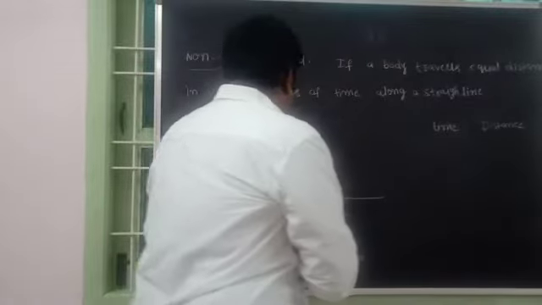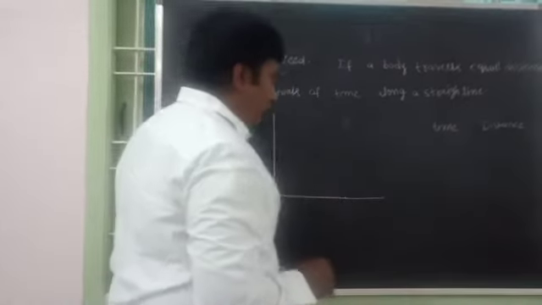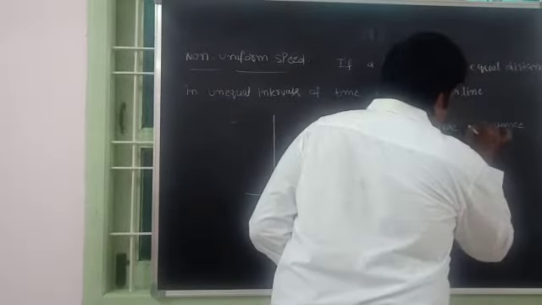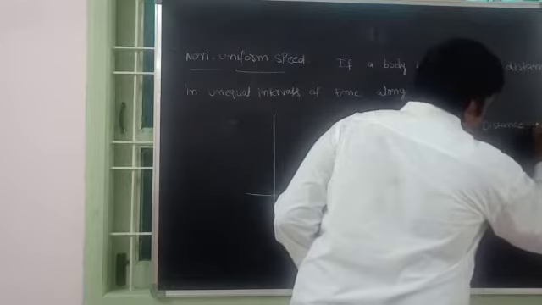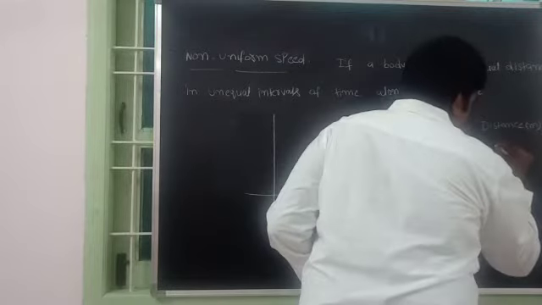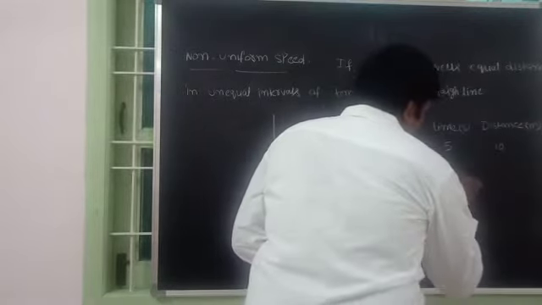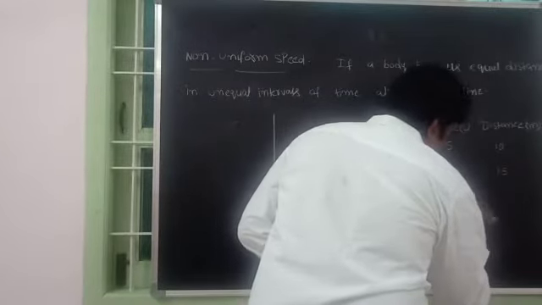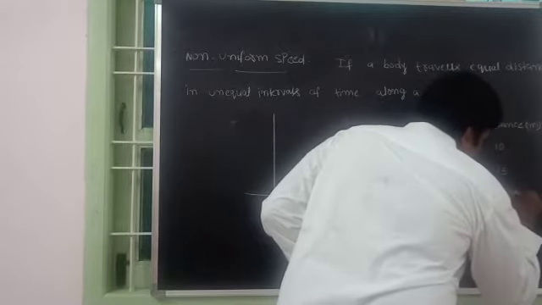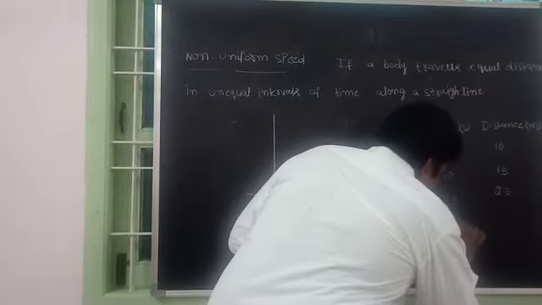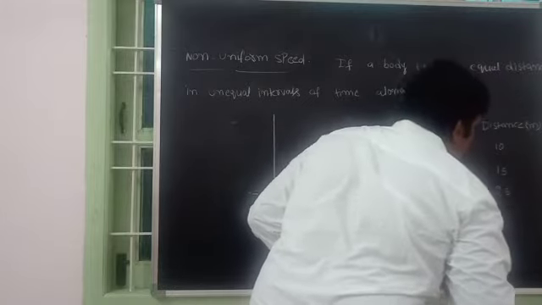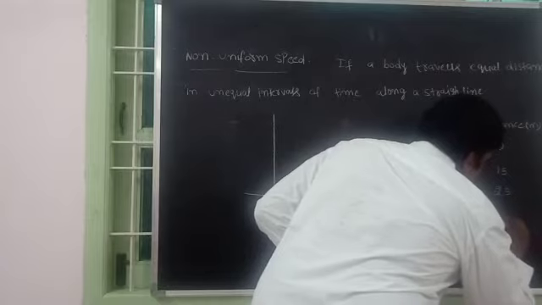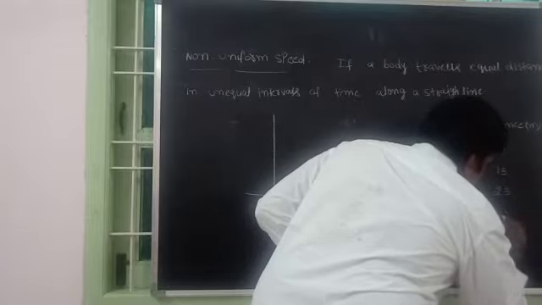At time 0, distance is 0. Then 5 seconds, here time is in seconds and distance is in meters. For the first 5 seconds, 10. For 10 seconds, it has covered 15. For 15 seconds, it has covered 25. For 20 seconds, it has covered around 40.